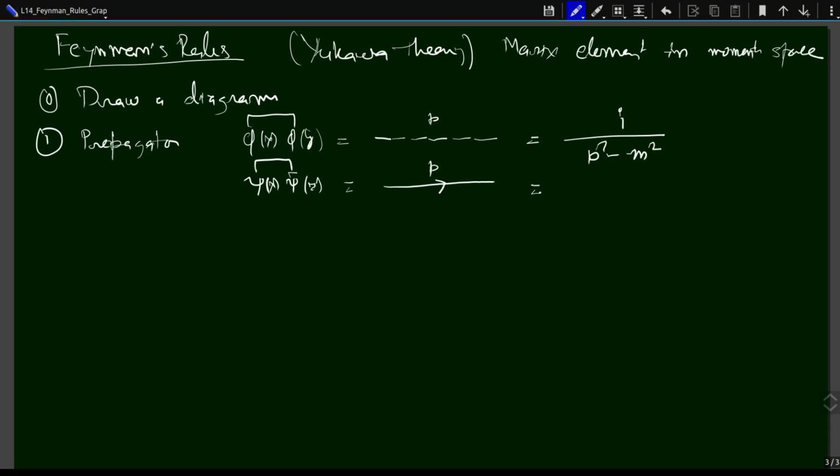The convention is that momentum flows in the same direction as the arrow, and then you write i times (p slash plus m_f) divided by p square minus m_f square plus i epsilon, where m_f is the mass of the fermion. I'm sorry, I forgot the i epsilon here, which is the Feynman propagator. So for each propagator, this is what you write. Then comes the vertex.